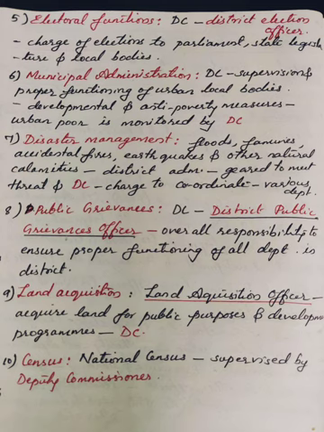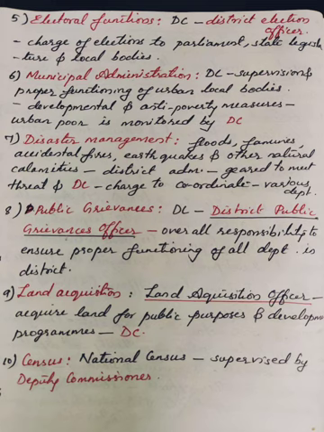Number 7, disaster management. In situations like floods, famines, accidental fires, earthquakes and other natural calamities, the entire district administration is geared to meet the threat, and the DC assumes charge to coordinate the activities of various departments. Number 8, public grievances. Grievances means unfair treatment.